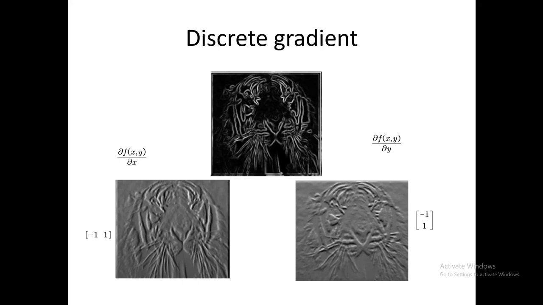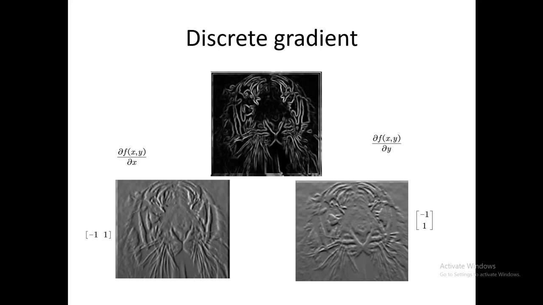So far we are just talking about the discrete gradient. Now what we need is the operator. We want a mask or kernel that can implement these gradients.